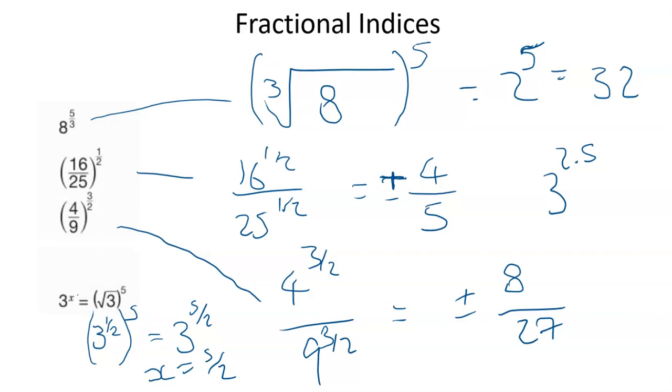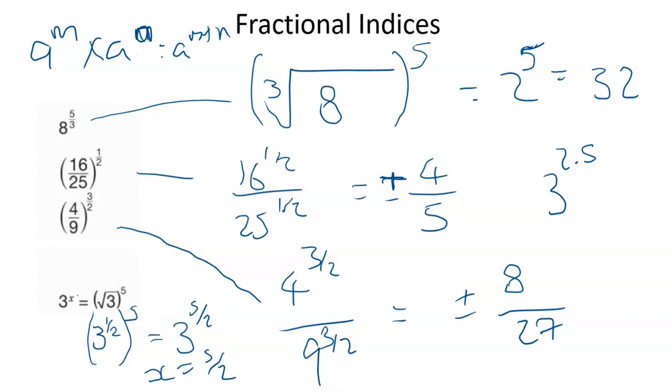Now, of course, you can have all the other things that you do with indices. So you can do things where you say a to the m times a to the n is a to the m plus n, where you combine indices, and that's supposed to be an n, not an m. Oh, it's all going wrong. Try again. All of that can still happen with fractions. It doesn't change how you do these things.